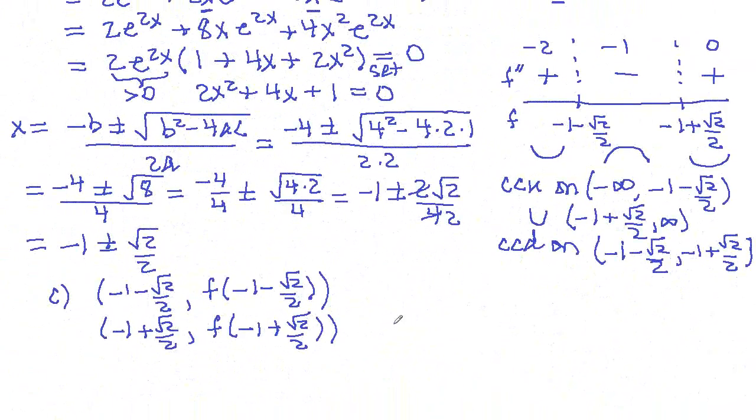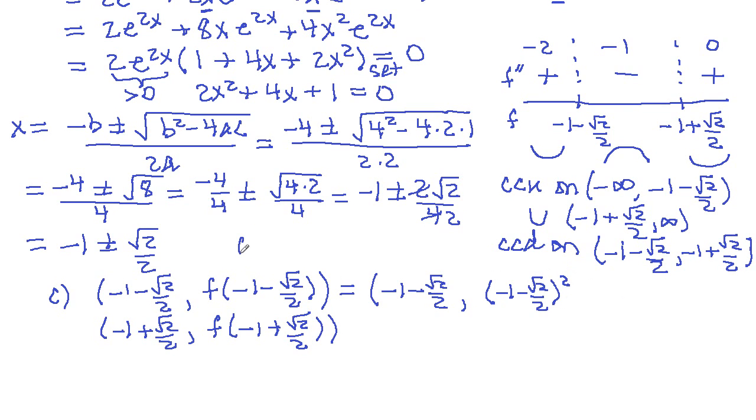So these inflection points are kind of messy here. We've got our x-coordinate is negative 1 minus root 2 over 2. And then our y-coordinate, we're going to take that, plug it into the function, so that gets squared. So negative 1 minus root 2 over 2 squared. That's the x squared part.